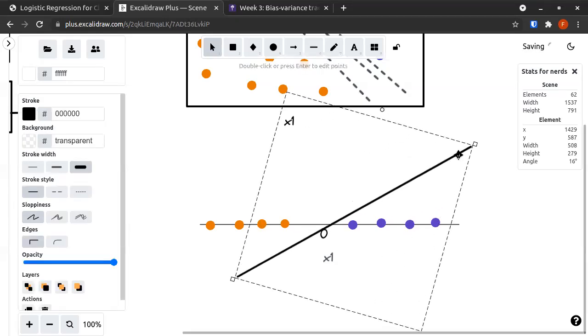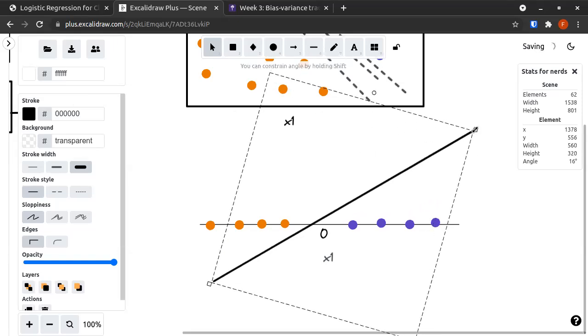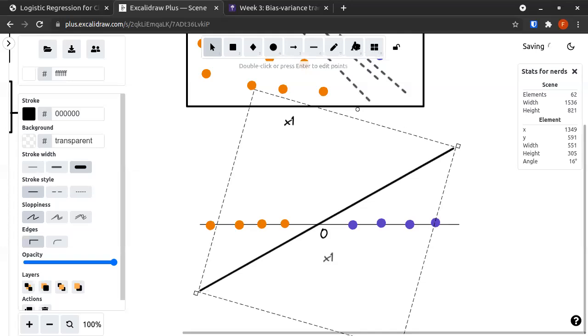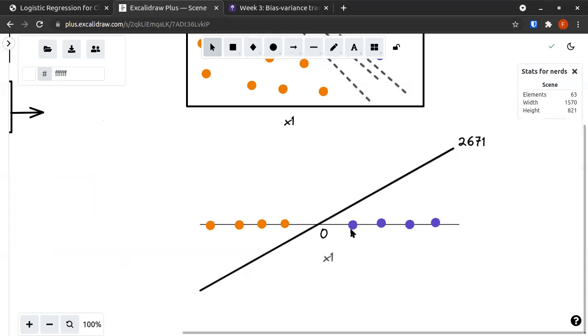Well, conceptually, it's a little bit awkward. You could imagine that at this point here, the linear regression might produce some value like 2671. And then we're rounding it to the nearest value, so let's say we'll round that to 1.